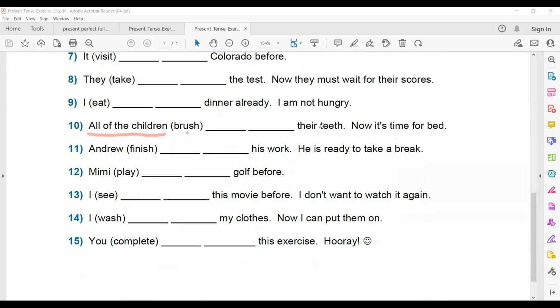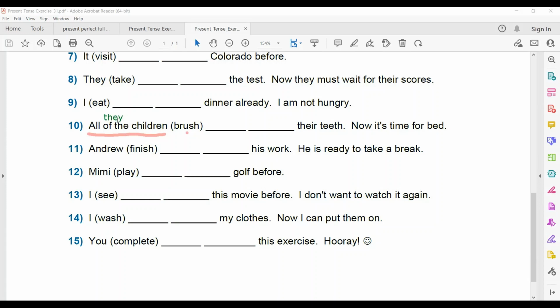Brush their teeth. So let's turn the subject into a pronoun. All of the children: he, she, it, we, you, they. Yes, it's they, right?